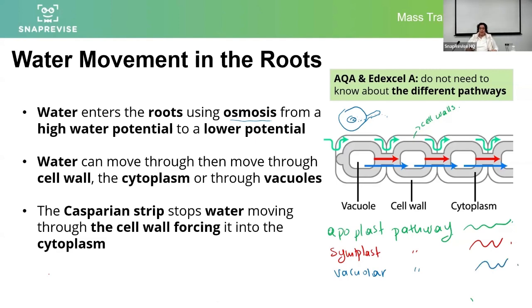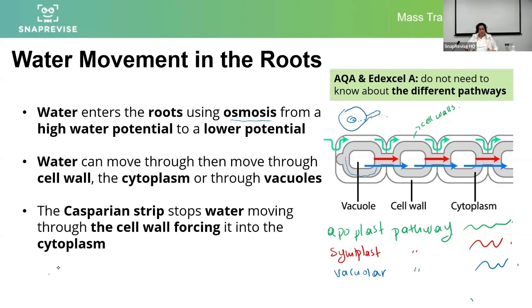So what does that mean? It means that water actually enters the cell, whereas in the apoplast pathway, it hasn't even entered the cell at all. It hasn't even passed the cell membrane. It's literally just traveling outside across the cell walls. Symplast and vacuolar means that the water has entered the cell. Symplast just means that it's traveling through the cytoplasm, and vacuolar means that it's also crossing the vacuoles inside the cell. So similar in that respect.